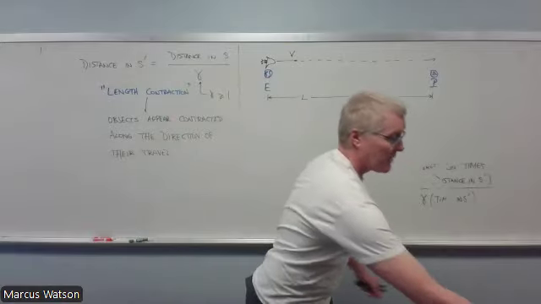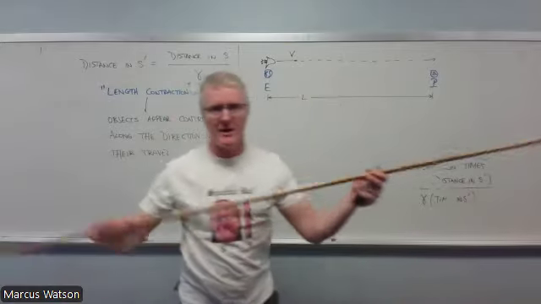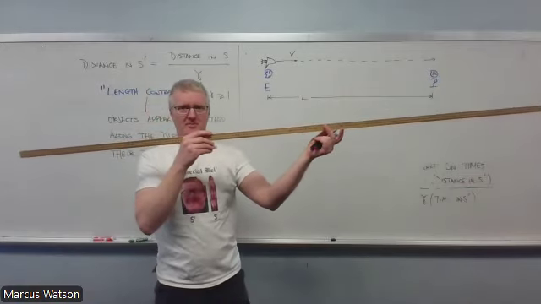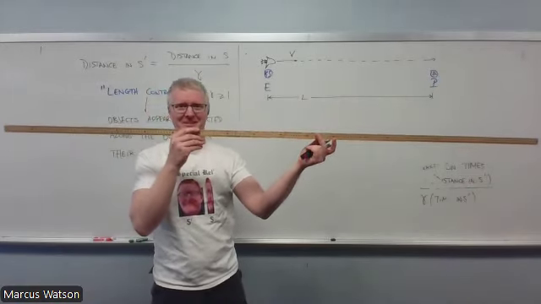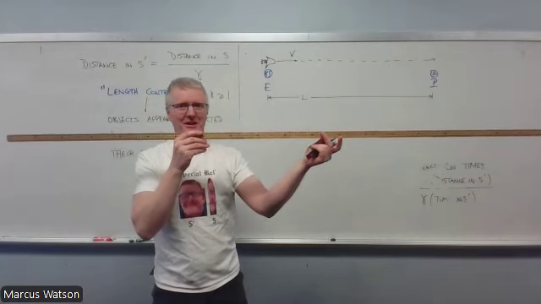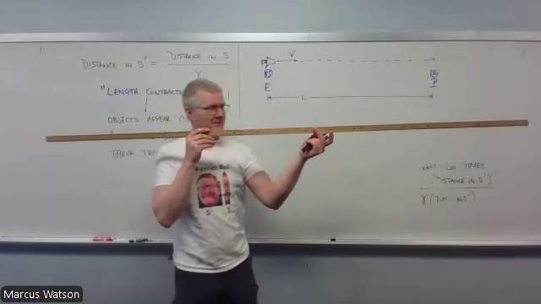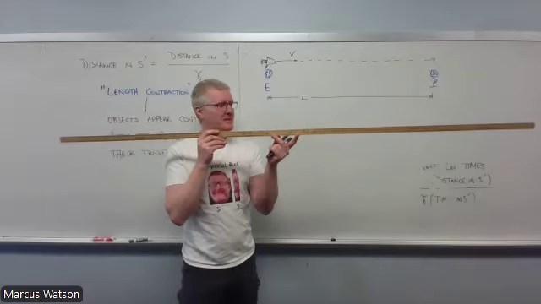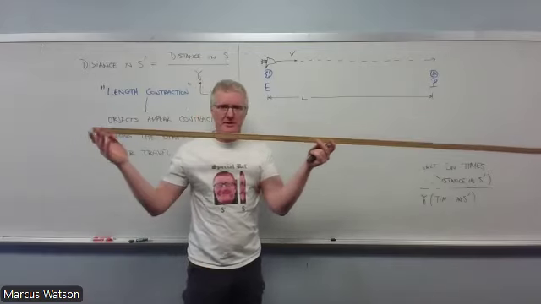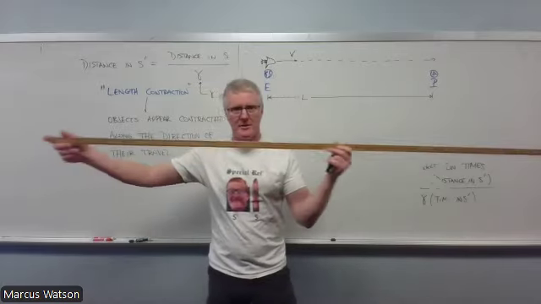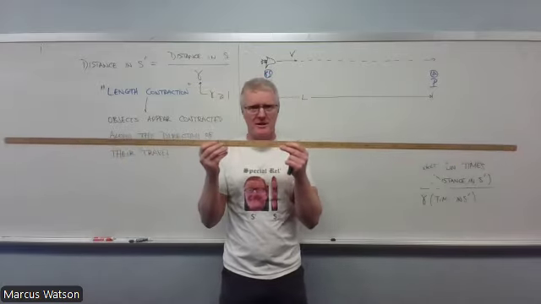Now, here we are in the Earth frame, and we're saying, okay, here's the distance. I just barely fit it. Here is the distance from Earth to the planet. You can measure this. Happens to be that this is a 2-meter stick.